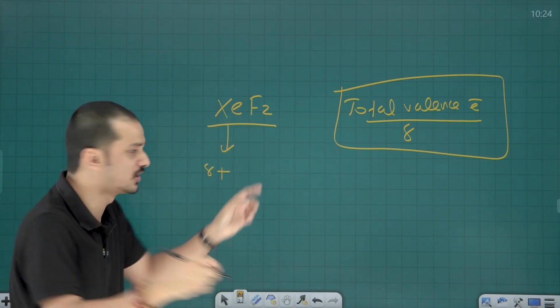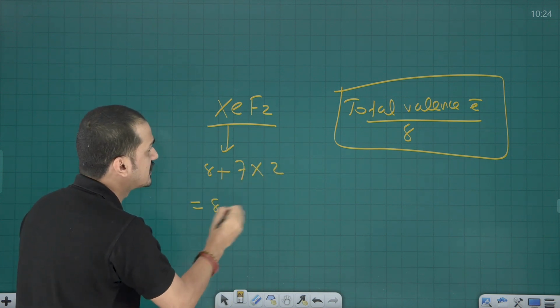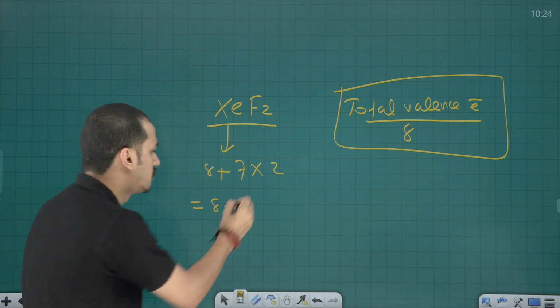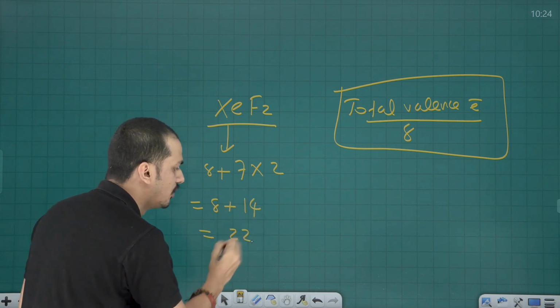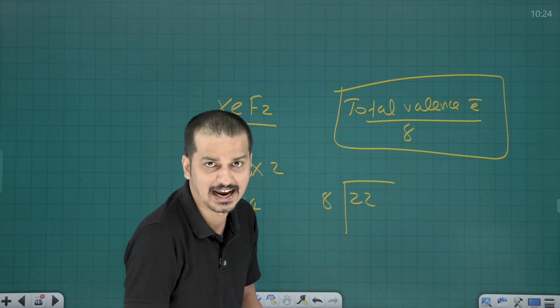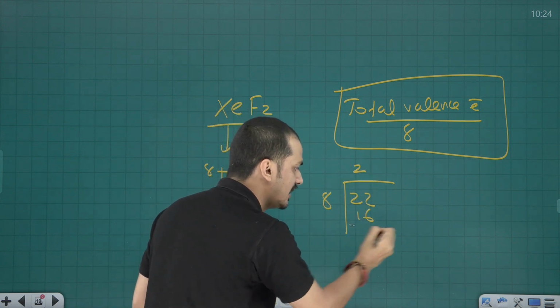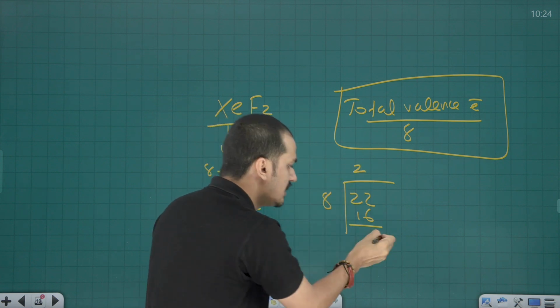Fluorine belongs to the 17th group, so 7 valence electrons, into 2. So 8 plus 7 into 2 means 14. 14 plus 8 means 22. So 22 divided by 8: 2 eights are 16, remainder is 6.